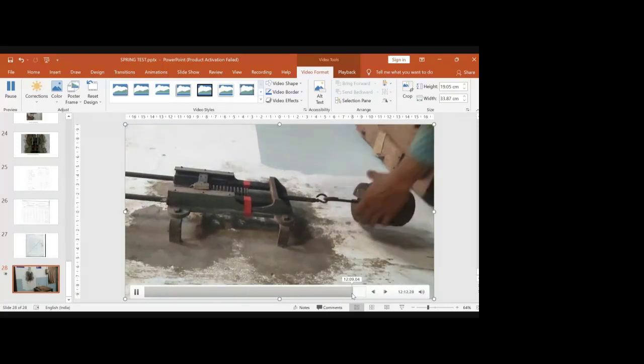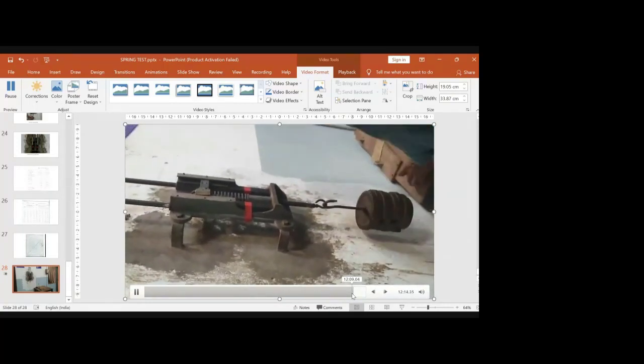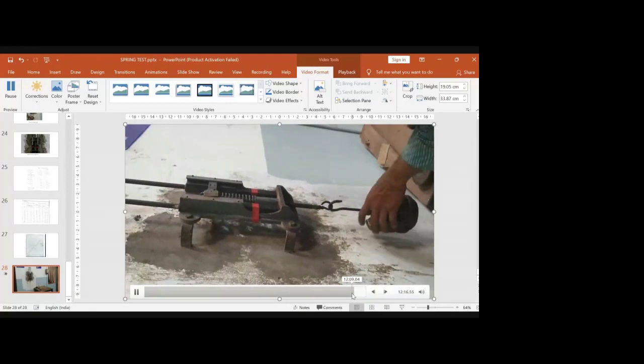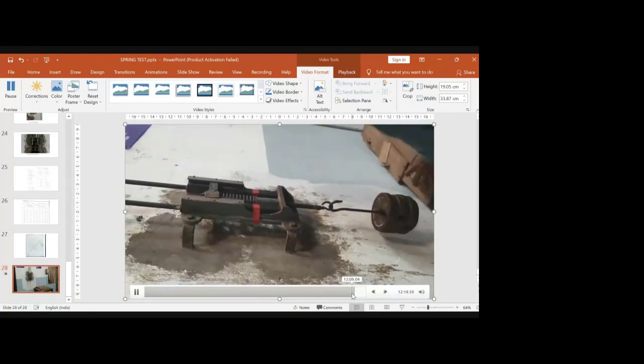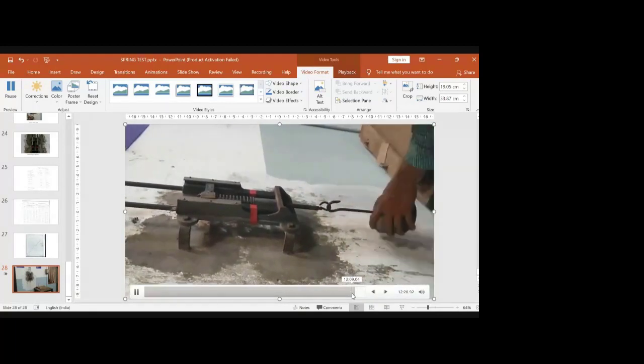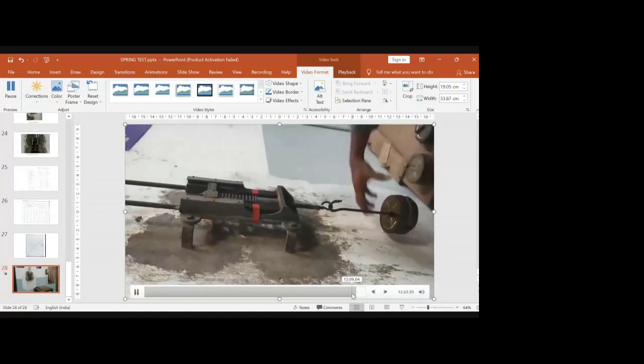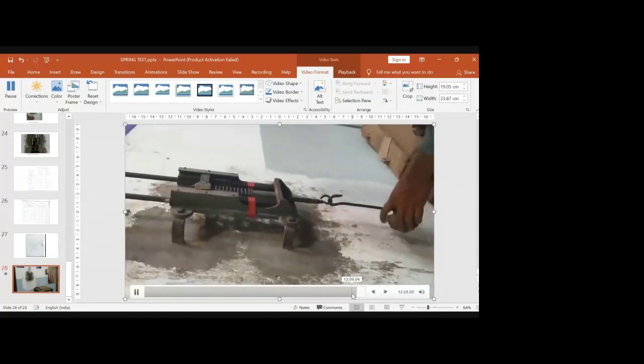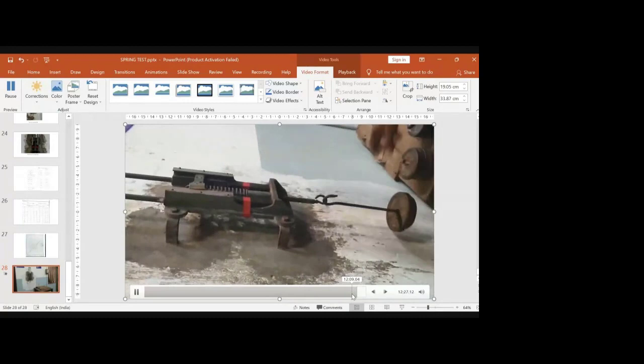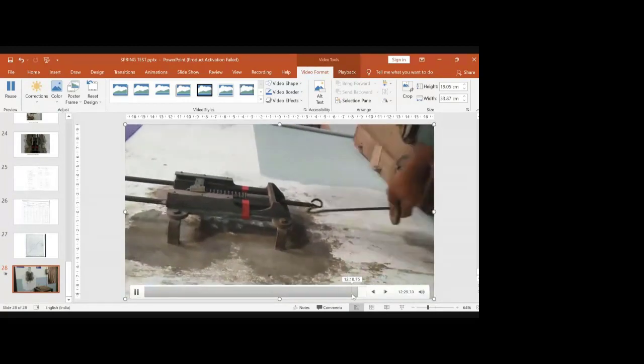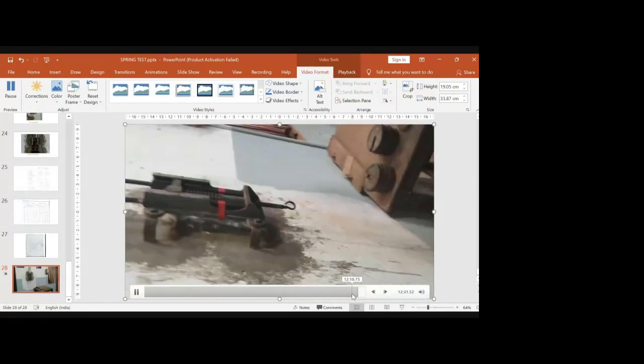Now unload it, take the reading. Okay, now our experiment is over.